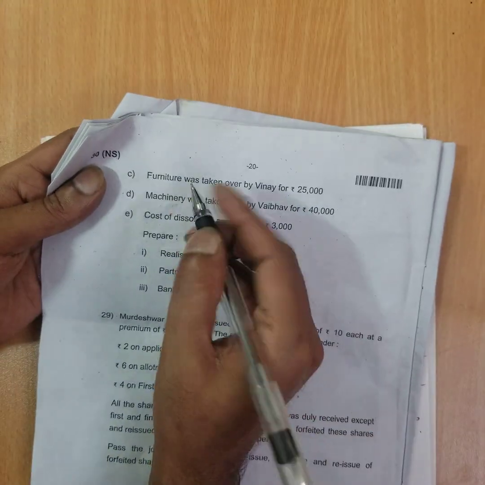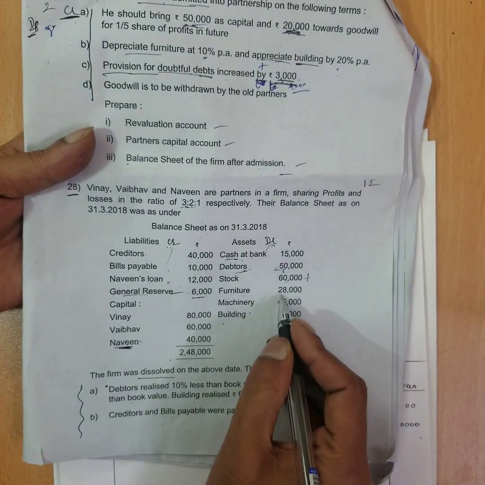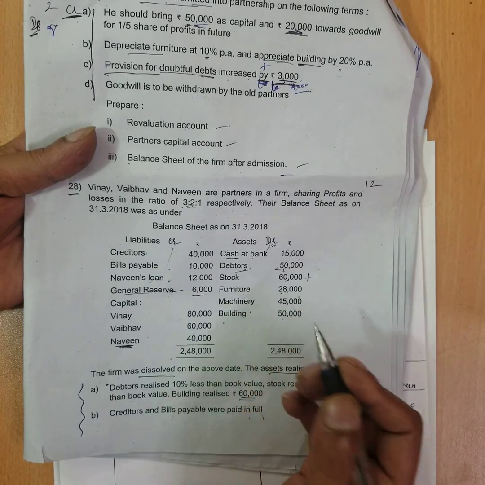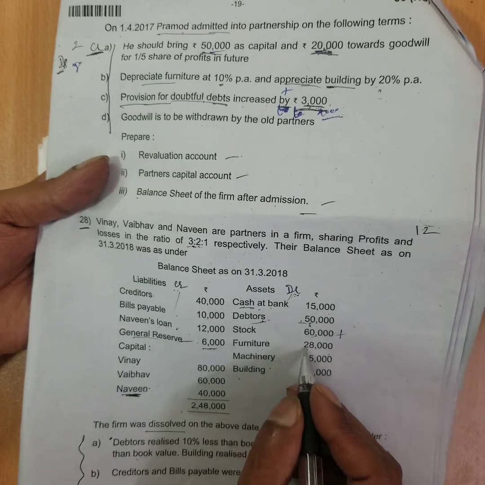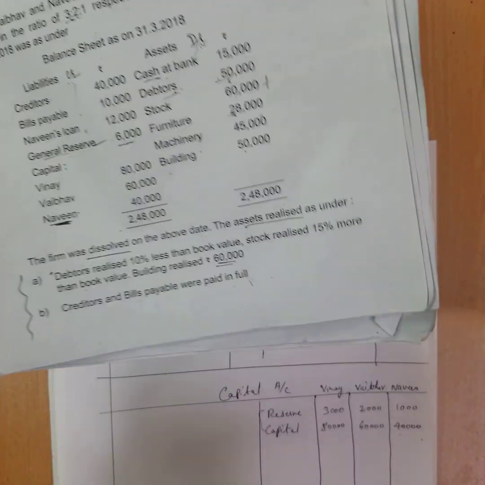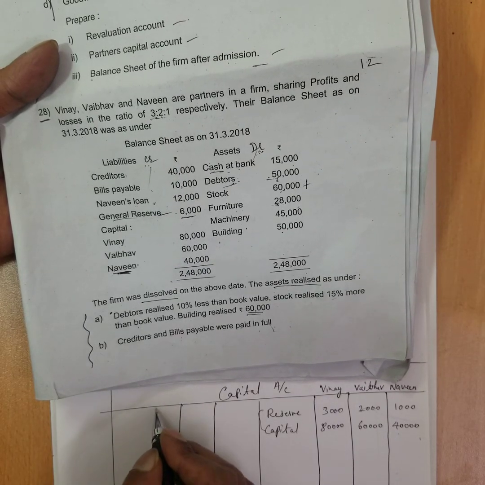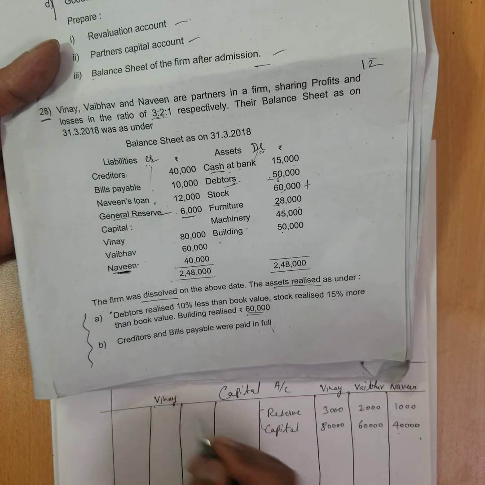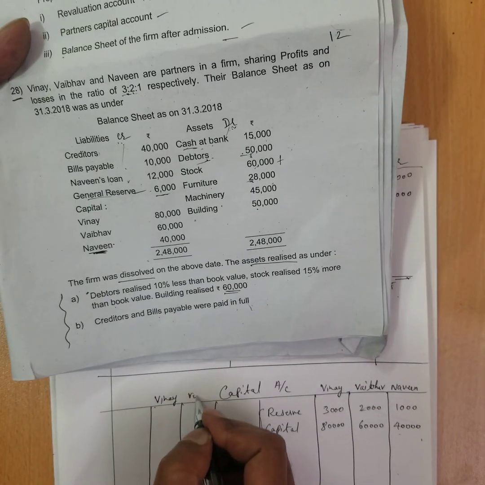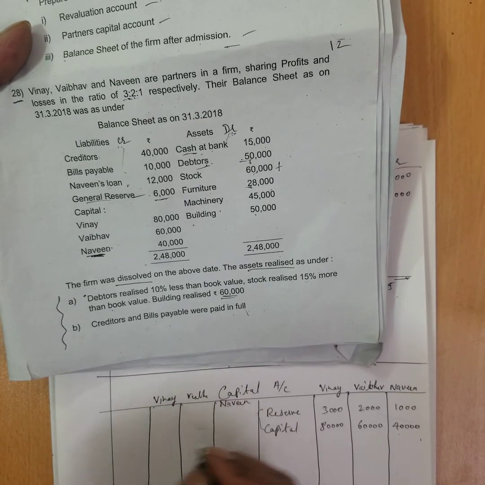Next we'll do furniture was taken over by Vinay. So what is the furniture amount? Furniture is 28,000. It has been taken by Vinay. So Vinay has to give the money for this furniture, but he won't give the money. We'll deduct from his account. So this is Vinay's account.